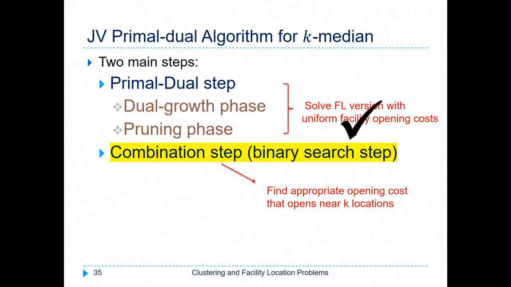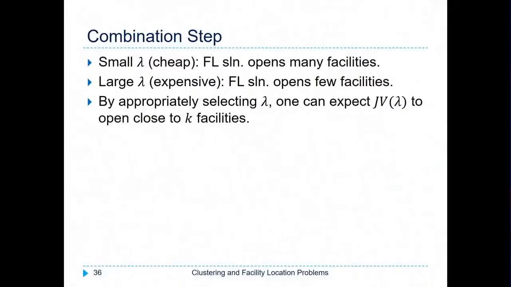So in the first part, we designed an algorithm that works for arbitrary opening cost lambda. And now we are going to the second part, where we look for an appropriate lambda. The idea here is that if lambda is small, so the facilities are cheap, a facility location solution is going to open a lot of facilities.